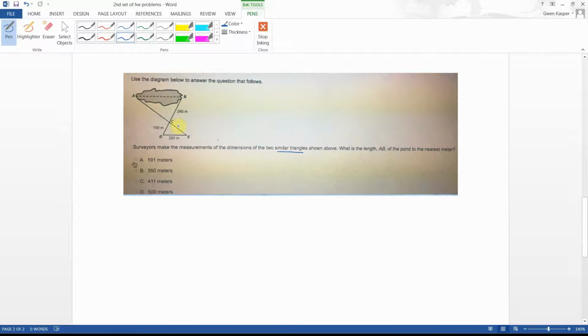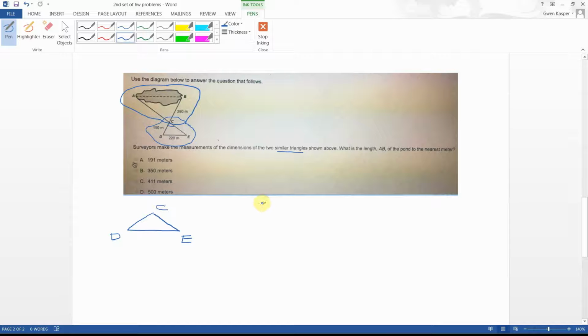So I'm going to draw this so we can see the two triangles separately and see which sides correspond. I'm just going to sketch this triangle CDE. This angle C is the same as this angle C. So I'm going to sketch this big triangle upside down so that we have them in the same position.